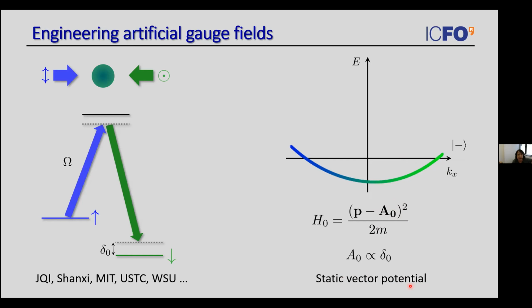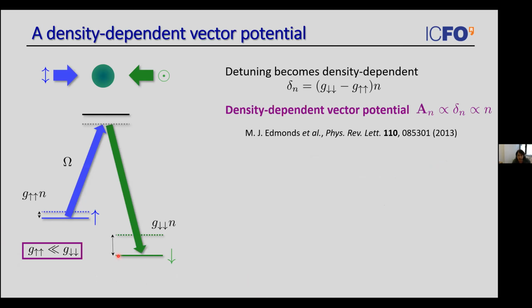Yeah? This is a single particle description, but it still holds if you go to systems where the interactions are equal, which is what was studied by all the groups that use this trick in the field. But now we just add one ingredient, which is that we make these interactions very unequal. And what this does is actually shift the energy of these up and down atoms differently, due to the mean field interactions.